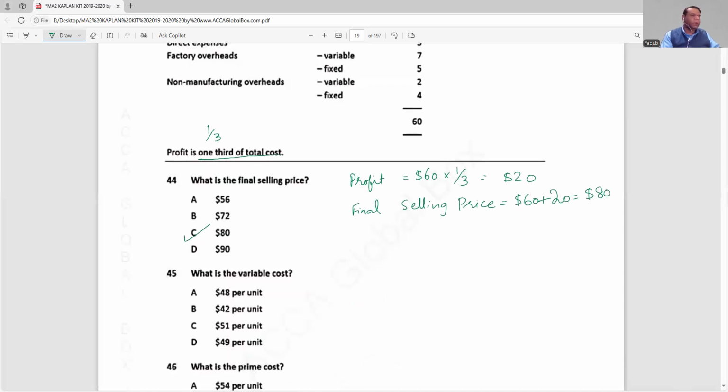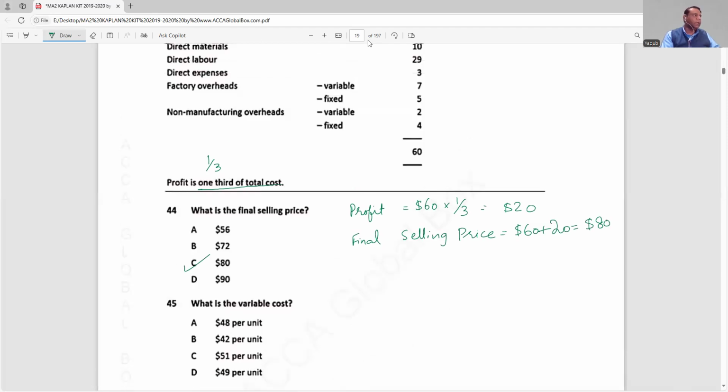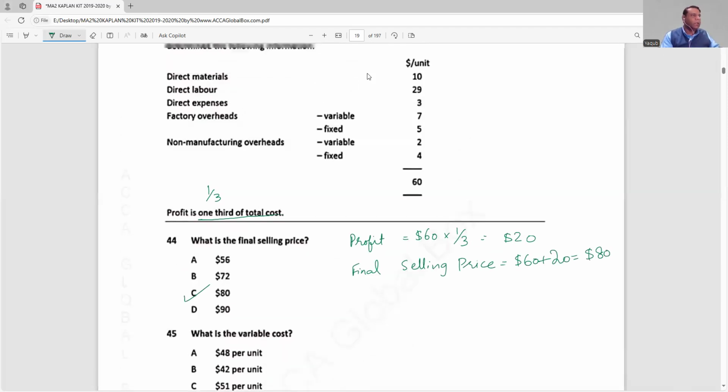What is the variable cost? This time he is not saying variable production cost. This one is variable cost, this one is variable, this one is variable, variable production overheads and variable non-manufacturing. So 10 plus 29 plus 3 plus 7 plus 2.